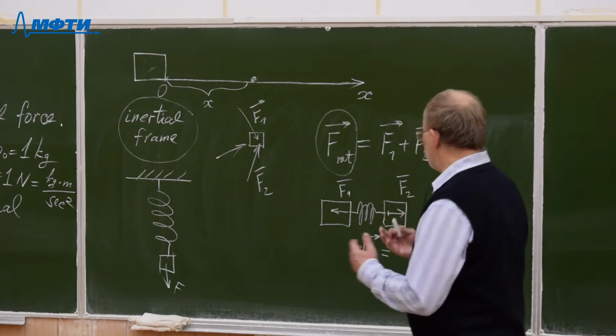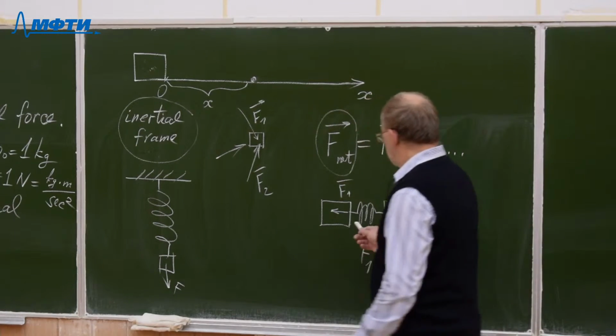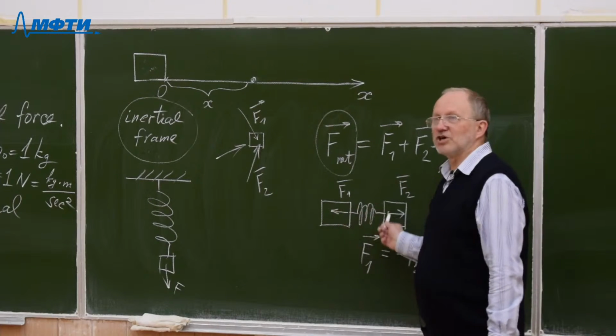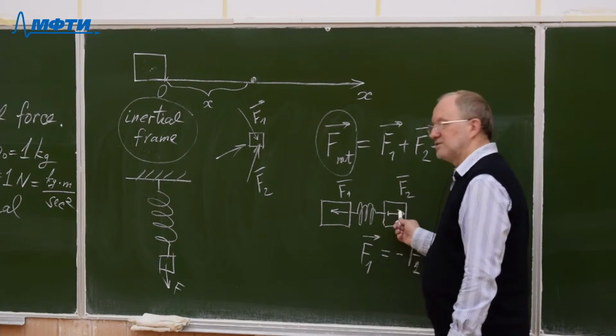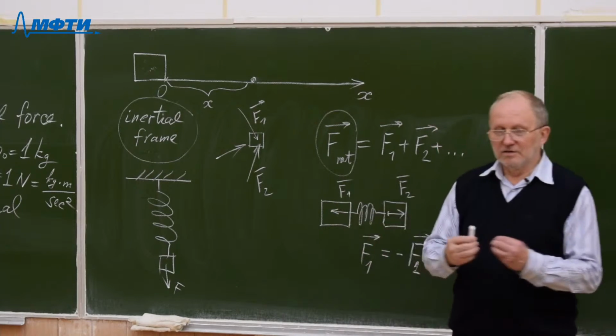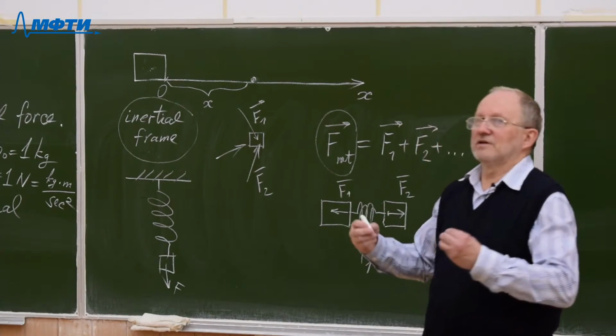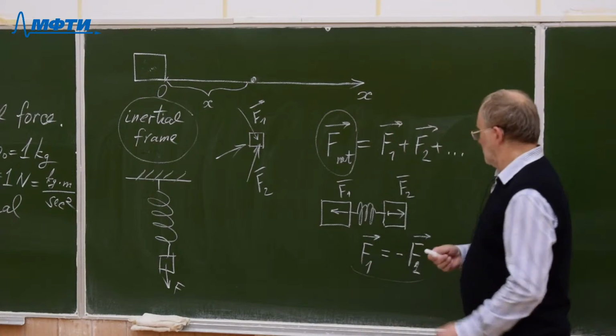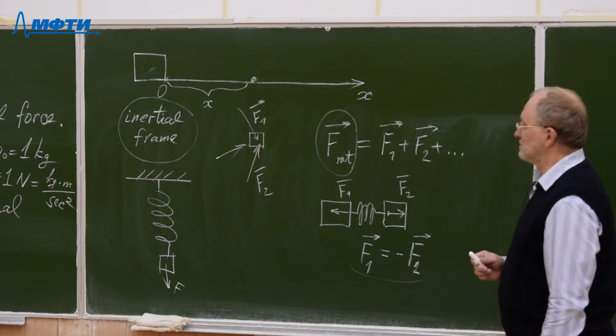Whatever interaction you consider, you may consider the interaction of two electric charges, a positive charge and a negative charge. They are attracted, and the forces of attraction will comply with this law.